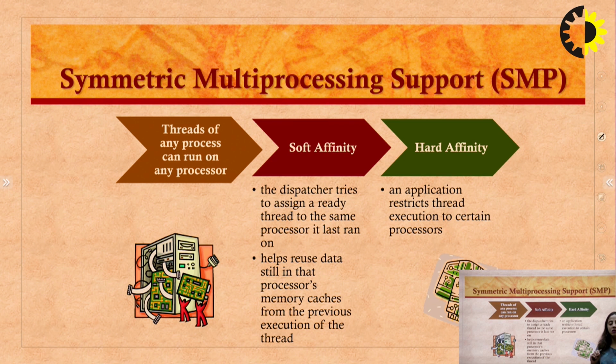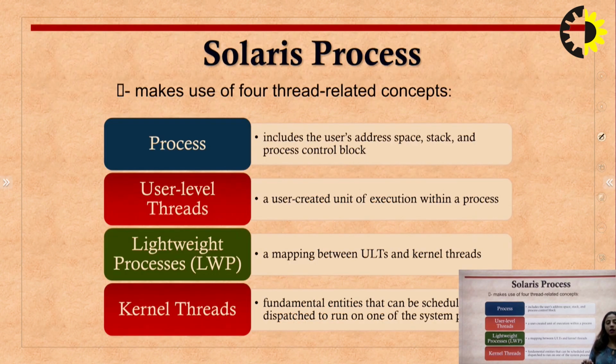An application restricts thread execution to certain processors. Now, the Solaris process makes use of four thread-related concepts. First one is process. Process includes the user address space, stack and process control block. Now, user level threads.